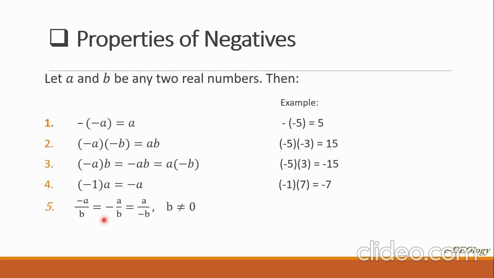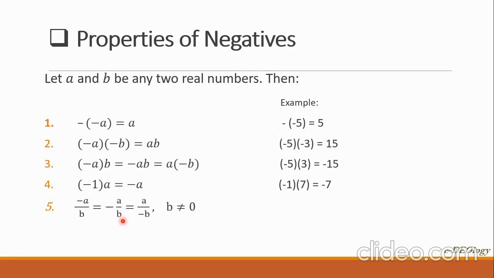The fifth rule is when we are going to divide two numbers of opposite signs. One is negative, the other is positive. See here, negative a divided by b. In this right part, it is a divided by negative b. In both cases, the answer will be negative a over b.